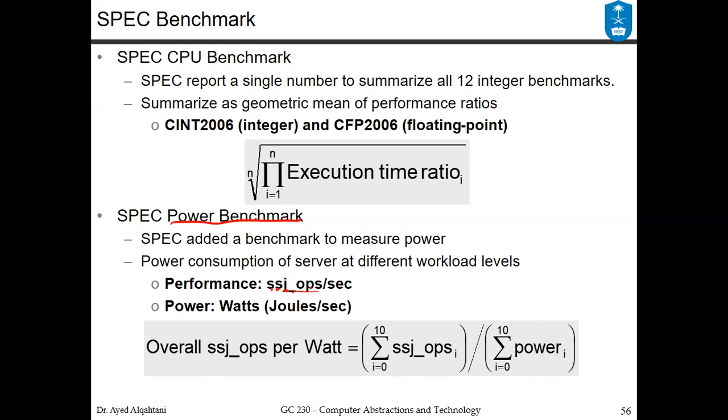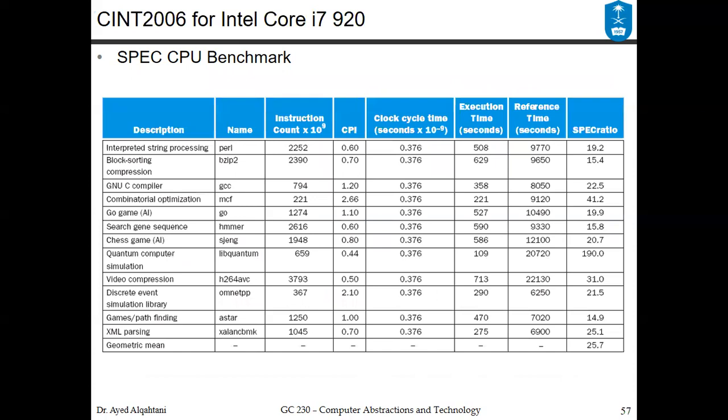To get a sense of those equations, here are the SPEC CPU benchmarks, and we run them for the Intel Core i7-920. So we want to measure its performance. What happens is we get the different benchmarks, and you find here in this table 1, 2, 3, 4, 5, 6, 7, 8, 9, 10, 11, 12 different integer programs.